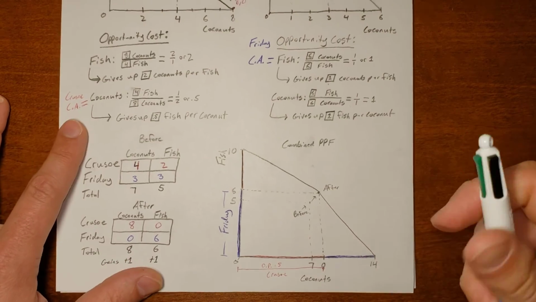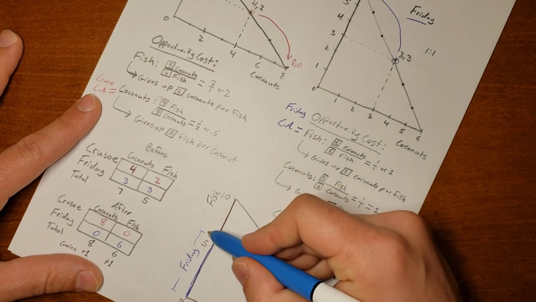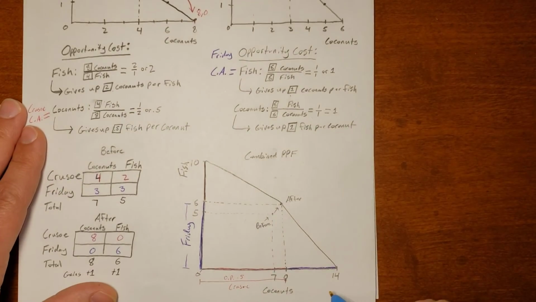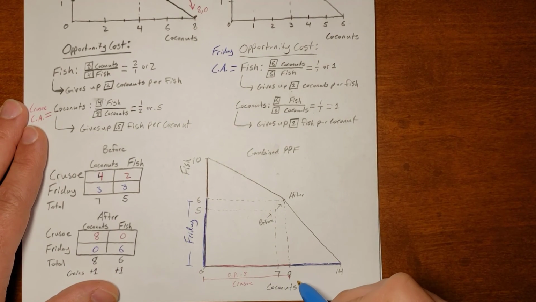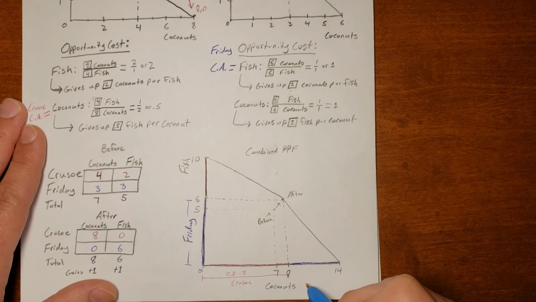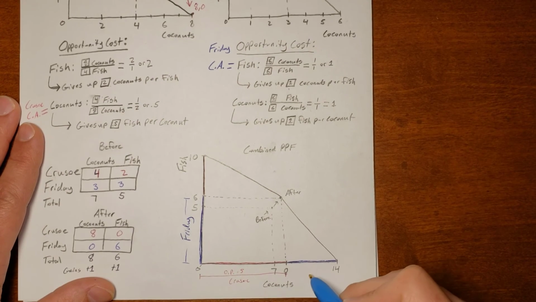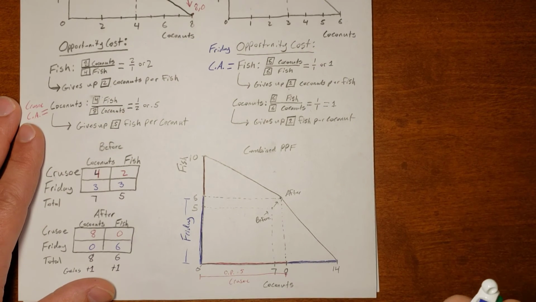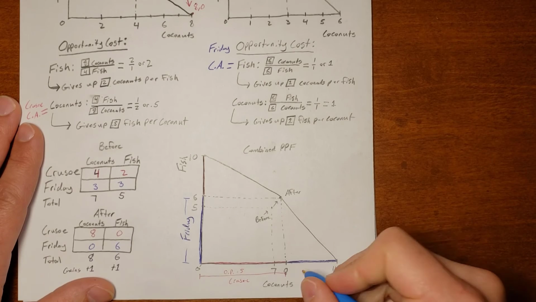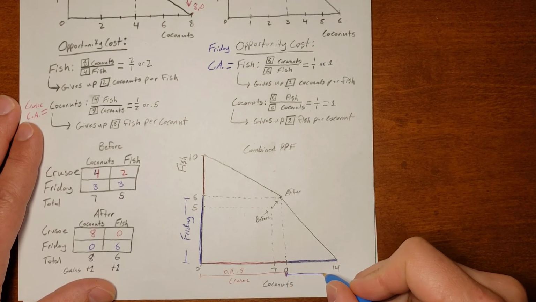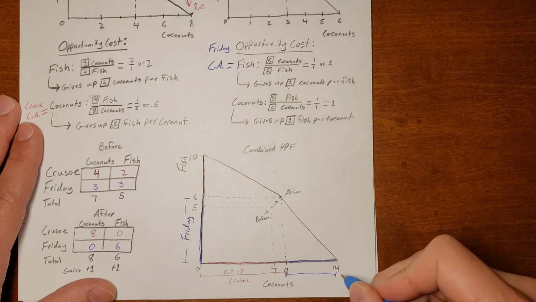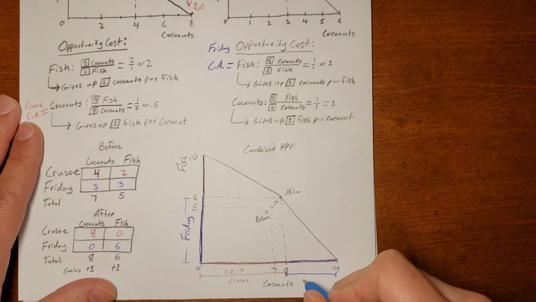Friday, when he's producing fish, well, let's do coconuts first, and we'll come back to Friday. If we wanted to go beyond 8 coconuts, who would be the producer of, let's say, the 9th coconut? Well, of course, it would have to be Friday, because Caruso is already maxed out. And so in order to produce any additional coconuts up to 14, it would have to be Friday producing them.